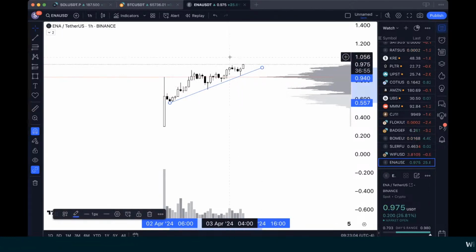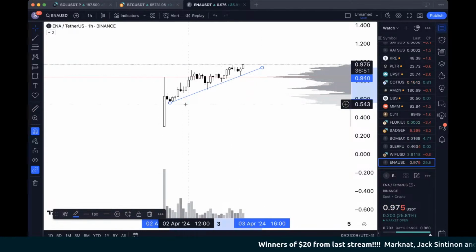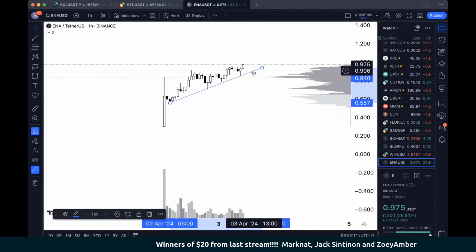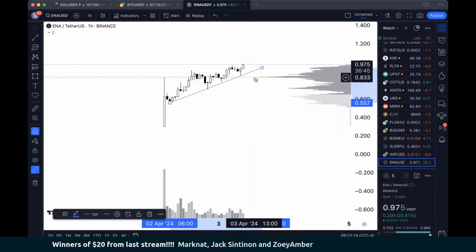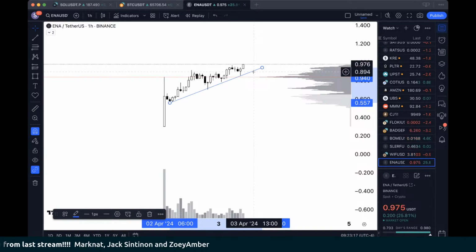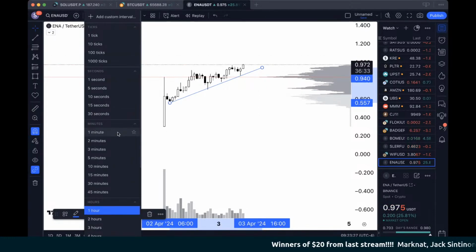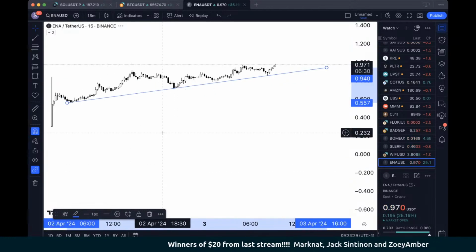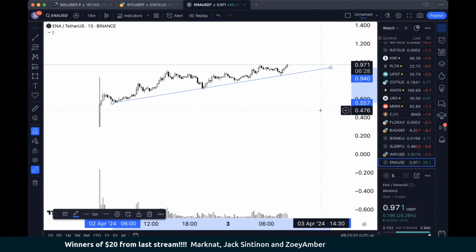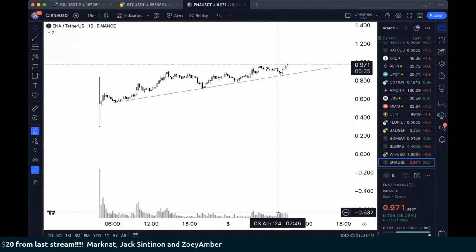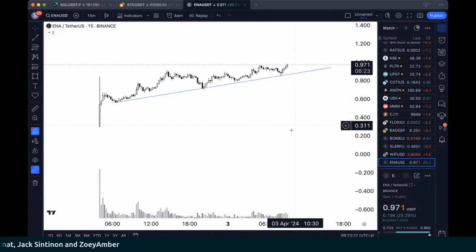I don't see any reason to short this unless it breaks this trend. I'd be more likely to look for a dip down to this trend to get long. There's not really a whole lot you can do here. You can go to a lower time frame, but you still run into the same issue, seeing it selling and moving up.